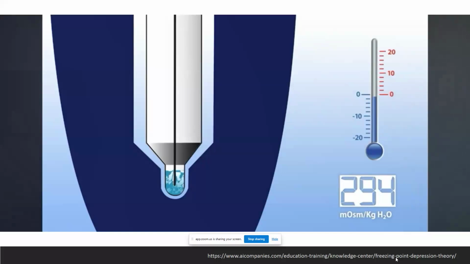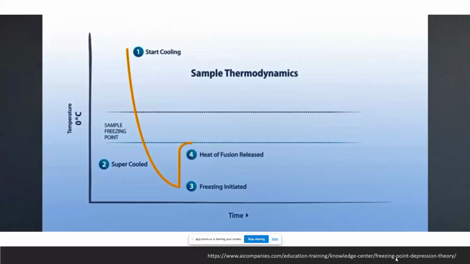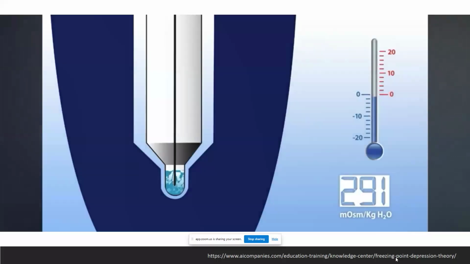The heat of fusion resulting from the crystallization process raises the sample temperature to a plateau where the liquid-solid equilibrium is maintained. This temperature plateau represents the true freezing point of the solution. The osmometer precisely measures this temperature at the plateau and calculates the concentration in milliosmoles per kilogram of water. This is the test result reported by the osmometer.